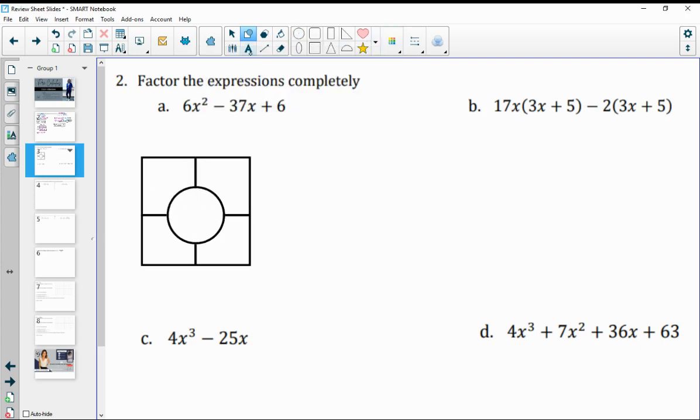So then you put your original polynomial here down the corners. So we'll put 6x squared here, negative 37x, and then positive 6.